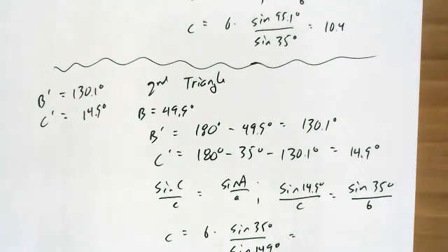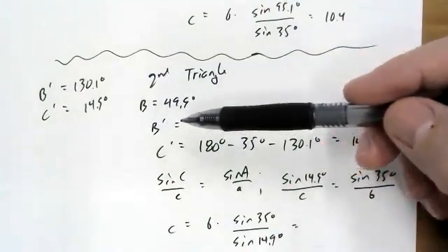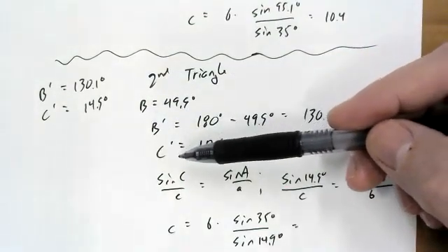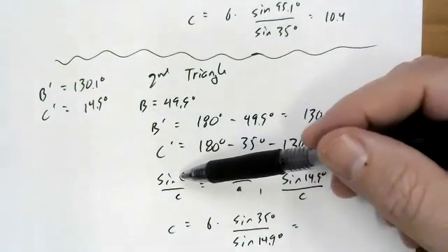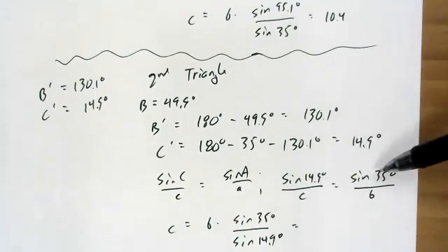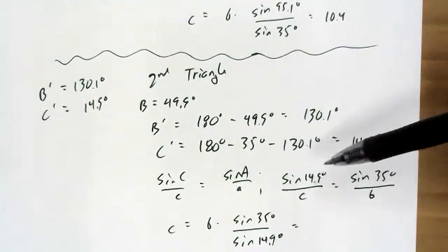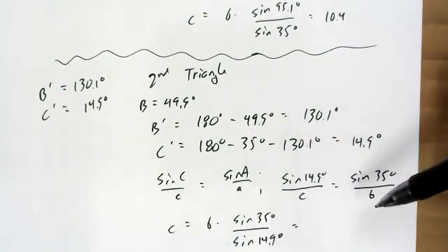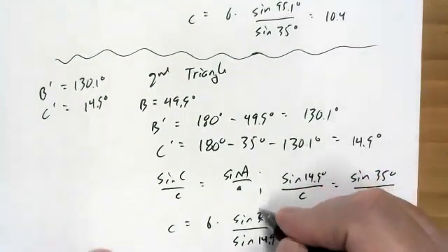And I wonder if I made another mistake there. So let's check. Always make sure my angles are correct. 14.9 over C and 35 over A. So C is going to be 6 times, well, I did it again. Wow.